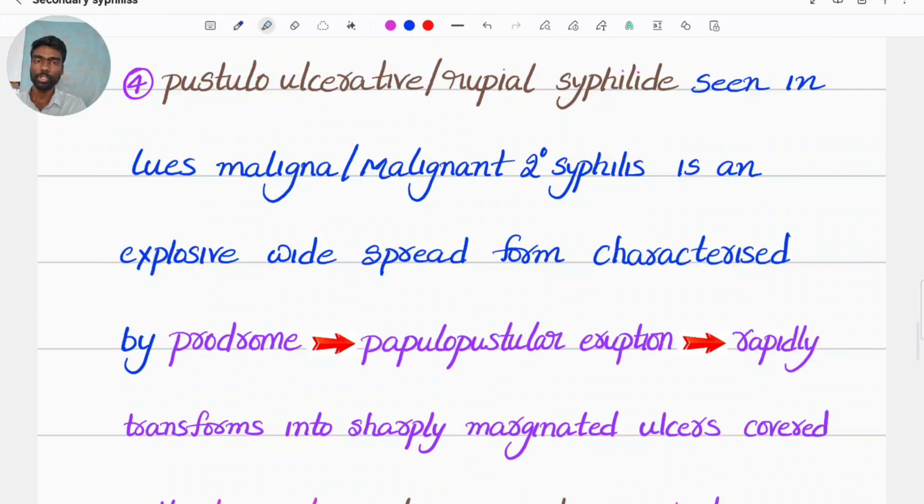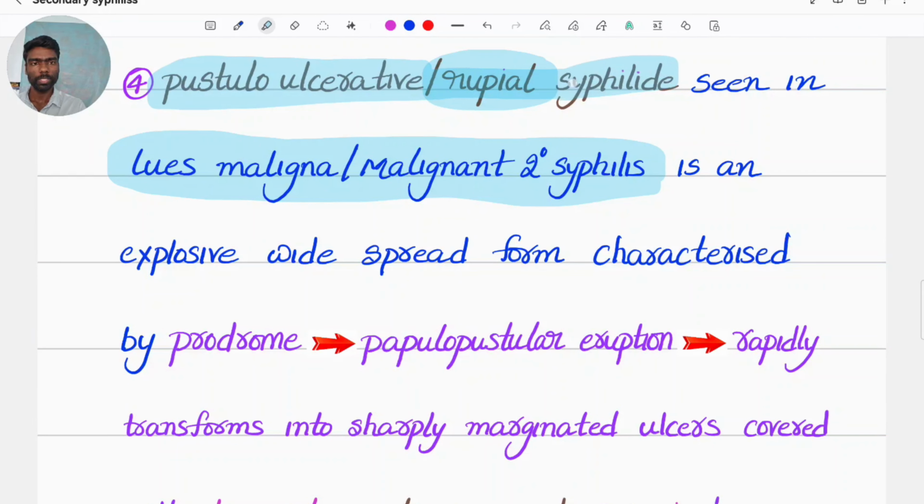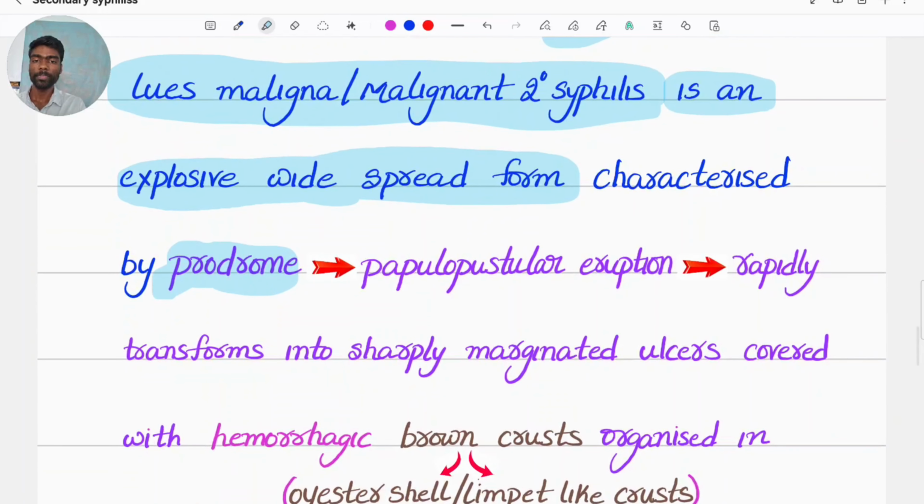Next, pustulo-ulcerative or rupial syphilide, seen in lues maligna or malignant secondary syphilis. Syphilis in immunocompromised, mostly in HIV patients. Pustulo-ulcerative lesions will be an explosive and widespread form, characterized by a prodrome. Already I told you, flu-like prodrome. Then followed by papulopustular eruption.